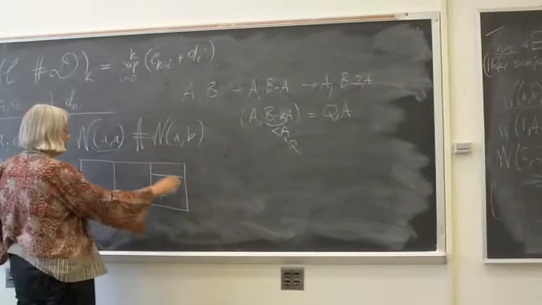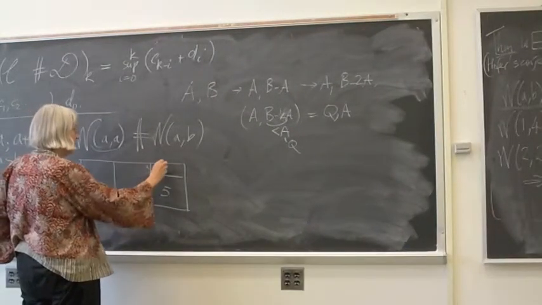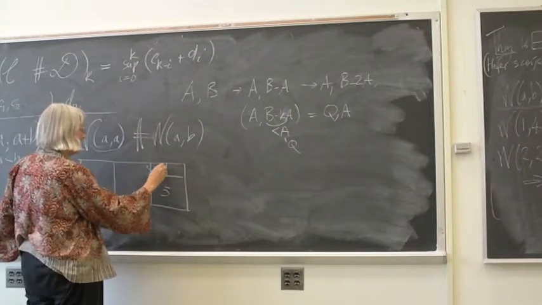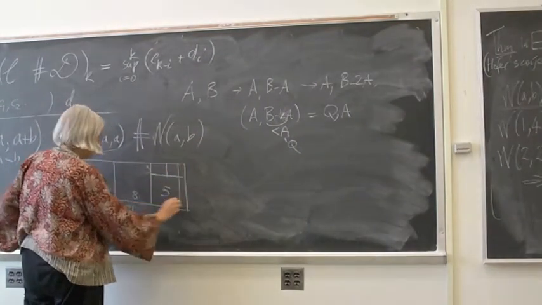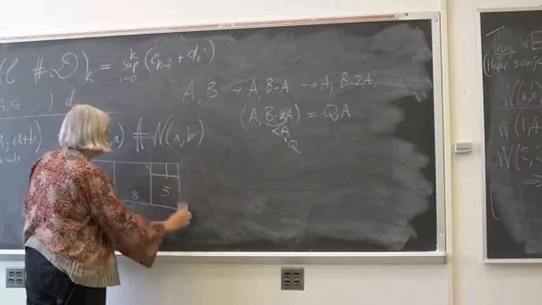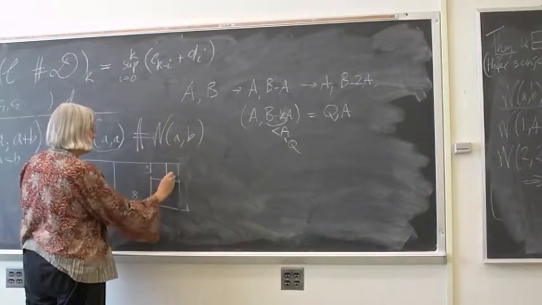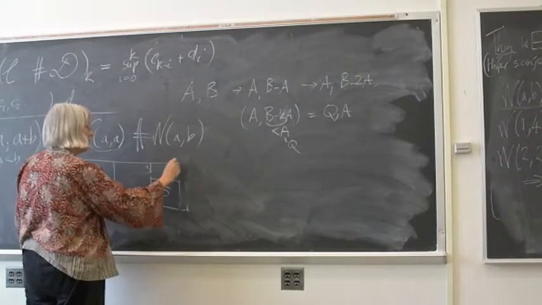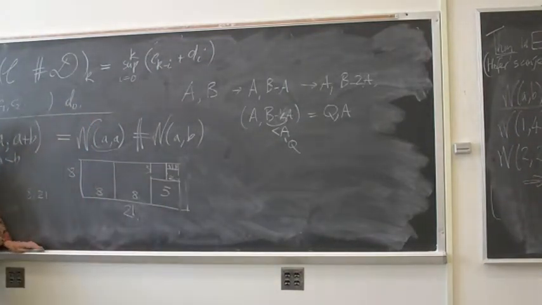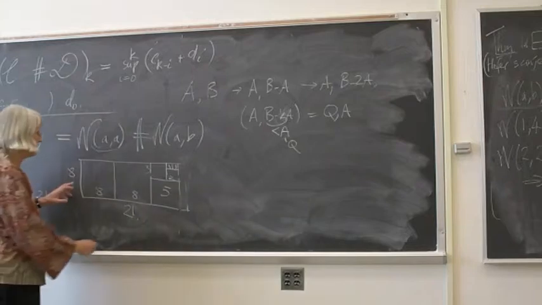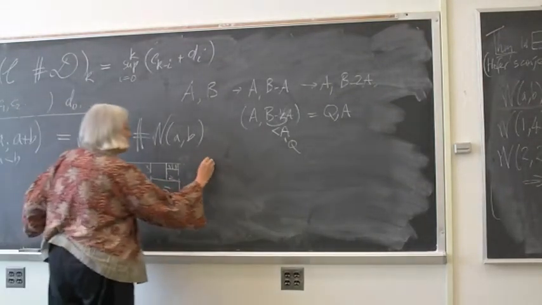Then you put a square in there, and then you're left with 3 there, and you have 1, 3. This isn't a very good picture. It should look more like that. Then you're left with 2 there, so you have a 2, and then you have a 1 and a 1.